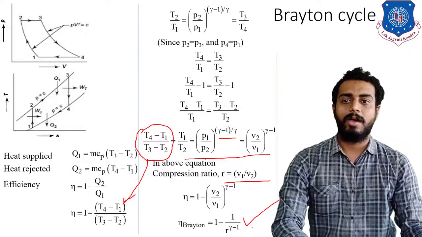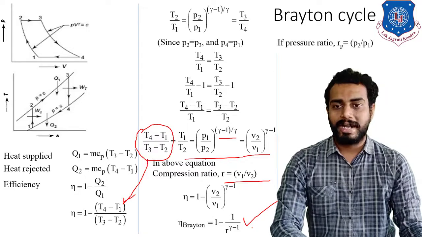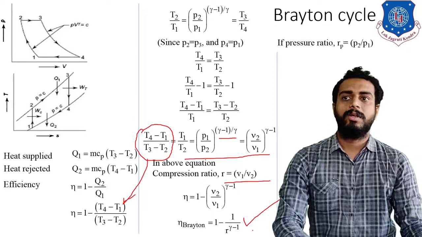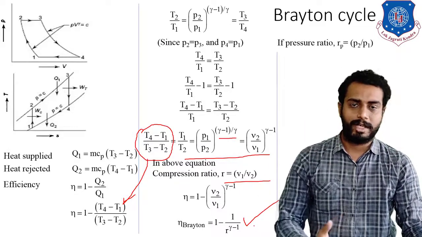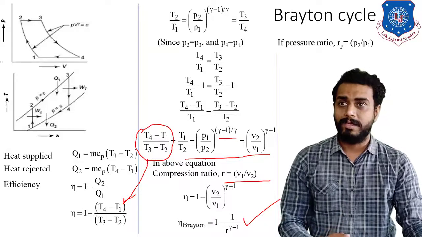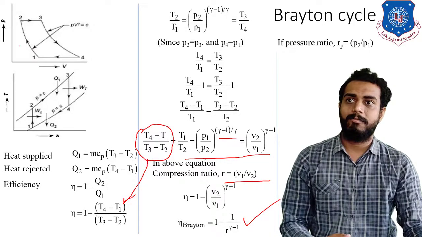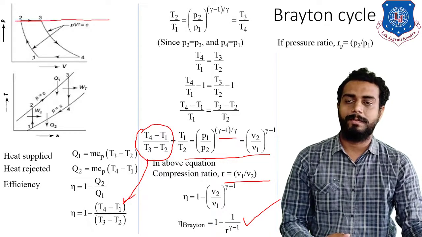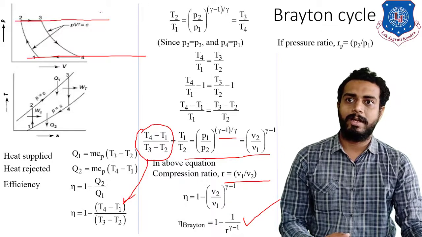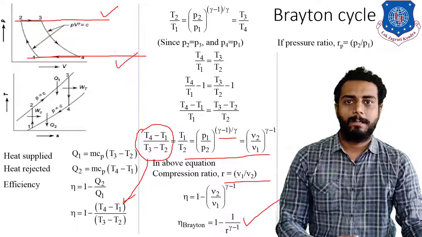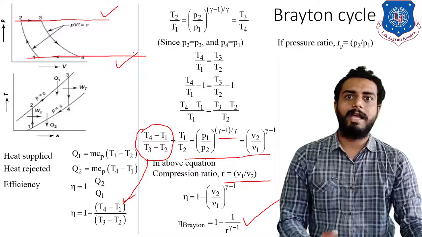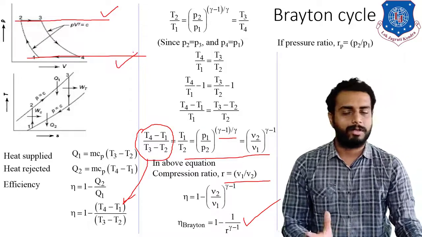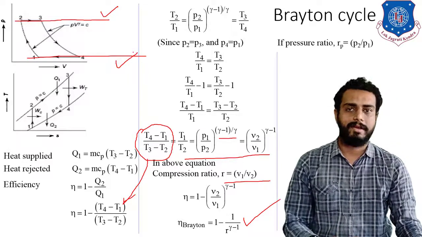Okay, now if we want to write it in terms of pressure ratio, then there are two pressures over here. Observe the PV diagram. In this PV diagram, one is higher pressure and the other is low pressure. So high pressure divided by low pressure will give you the pressure ratio. So that is why P2 by P1, or you can write P3 by P4. Both are right.